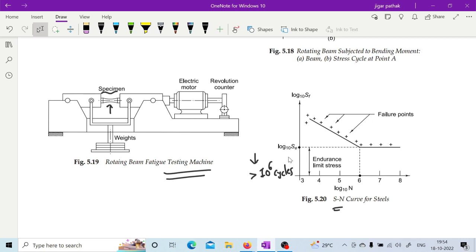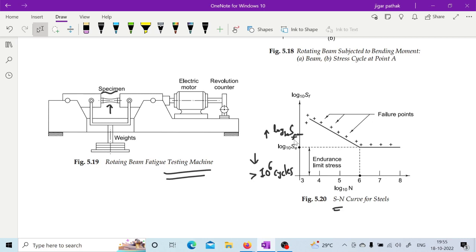Now every time it is not possible that forces are below the endurance limit. Sometimes forces may go above the endurance limit. In that case, suppose your acting stress is at this particular point. Fatigue stress means the component is going to undergo a finite life, it will have fatigue failure.